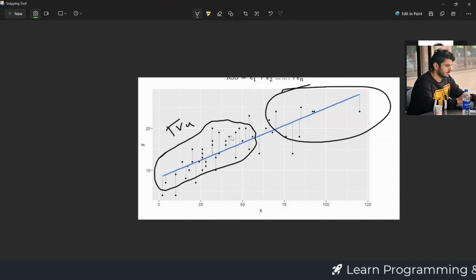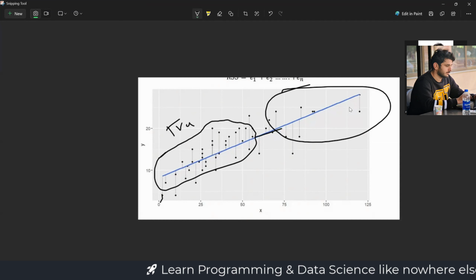We provided the values associated with each point on the x-axis and on the y-axis to the model, and based on these values, it drew this particular line, which is the closest to all the points. We extended this line till here, okay?